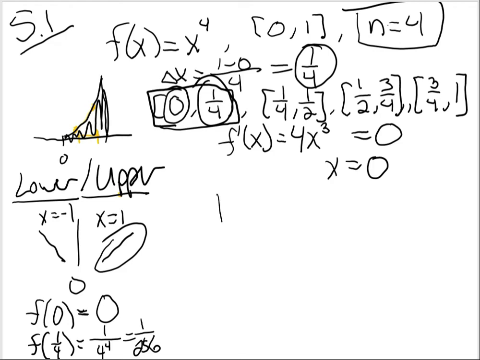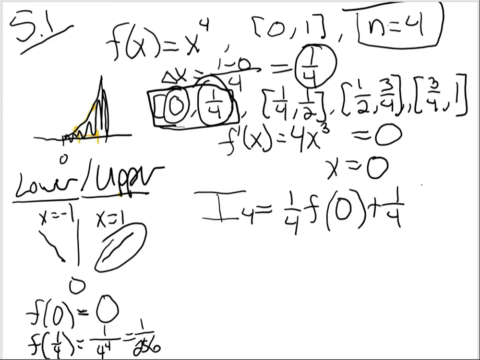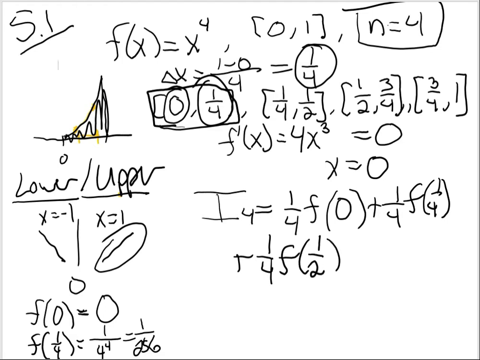So when doing what we'll call the inscribed or lower sum, it'd still be the 1/4, but now it's f of, on this interval we want to choose the absolute min, so we'll use f of 0. And you could do that for the other ones. What you'll get is 1/4 f of 1/4 plus 1/4 f of 1/2 plus 1/4 f of 3/4, which is the same thing as the left sum.